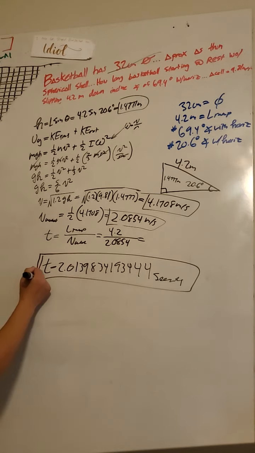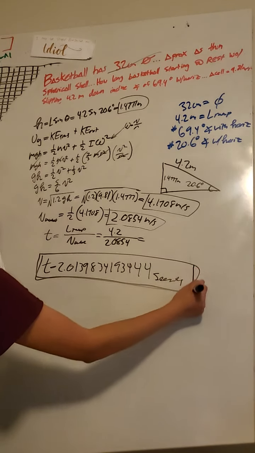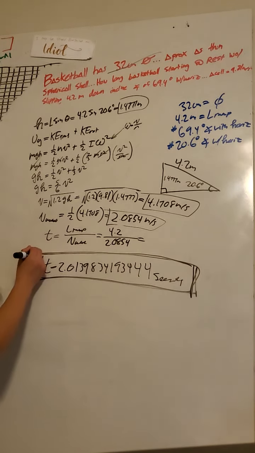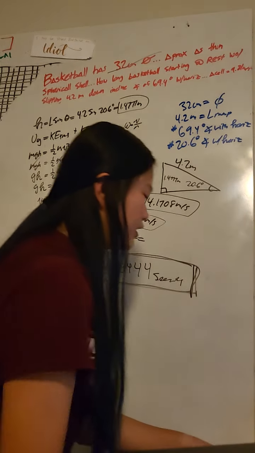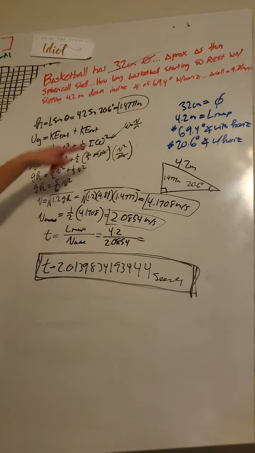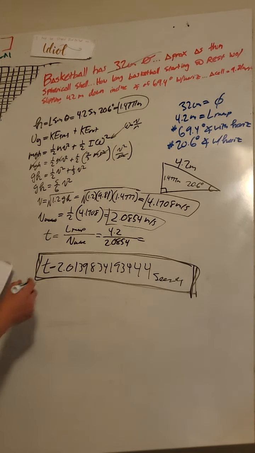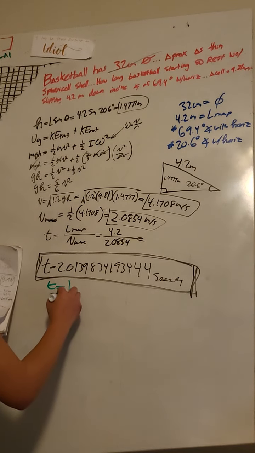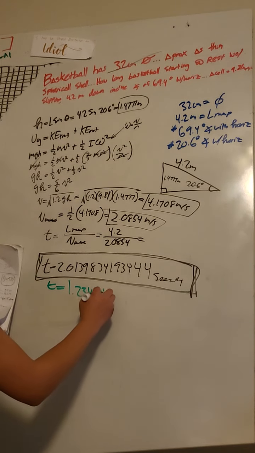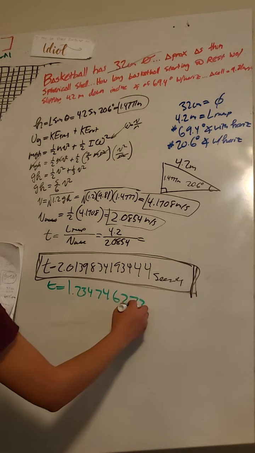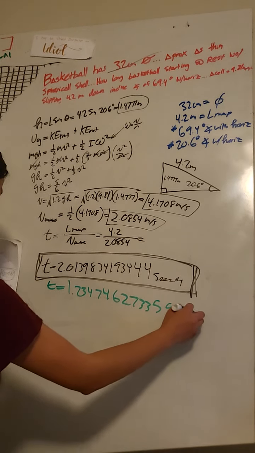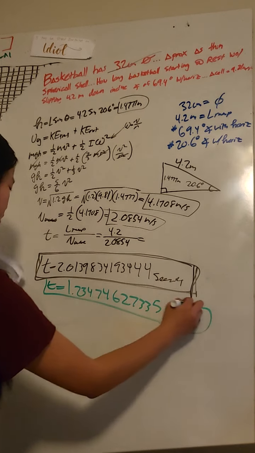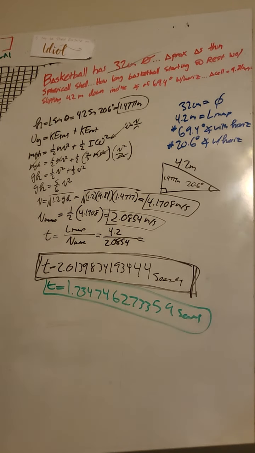That is our final answer. And if we assume that it actually is 69.4 degrees with the horizontal, the time should end up being 1.2347464273359 seconds. So that's how you get the answers for those, and I hope that helped.